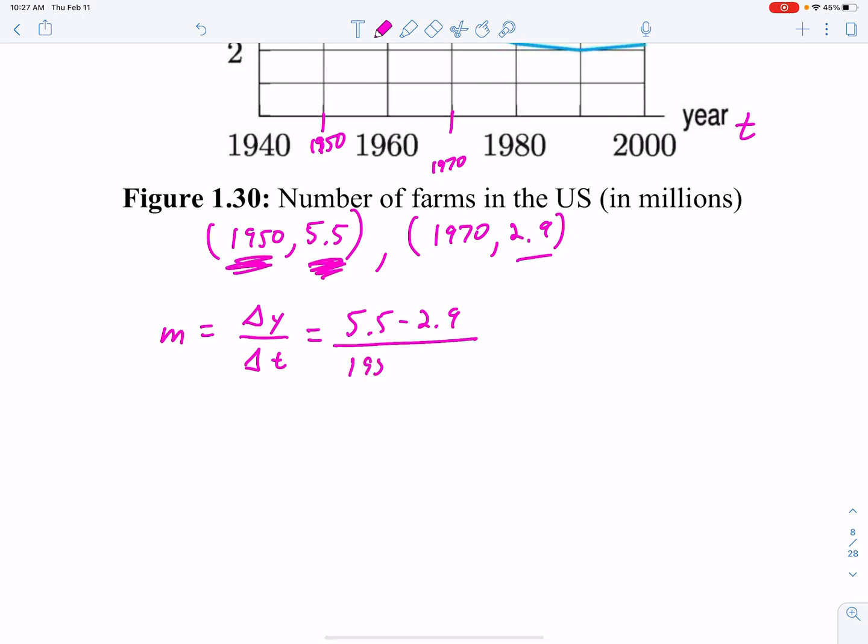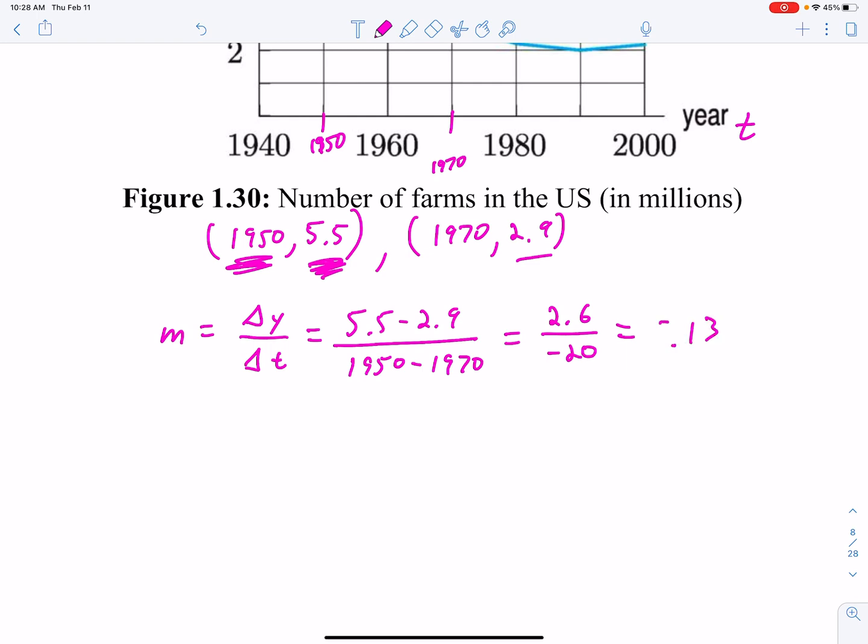Okay, so 1950 minus 1970. All right, so that comes out to 2.6 over negative 20. Watch out for those signs when you're adding and subtracting. And if we punch that into a calculator, you should get negative 0.13.